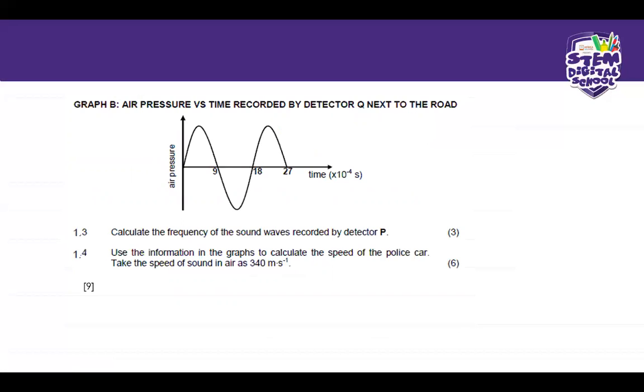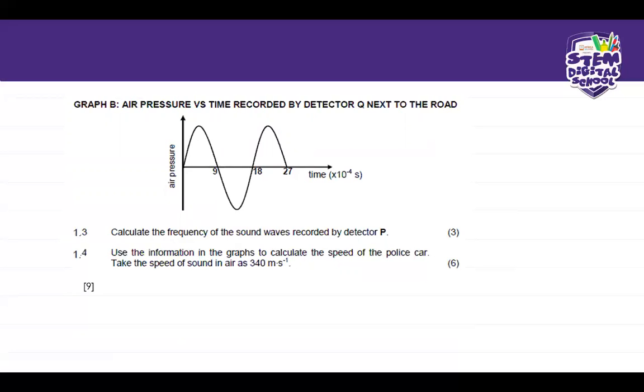It says here, calculate the frequency of the sound waves recorded by detector P. Detector P is the detector in the car, so they want the frequency of the source basically.